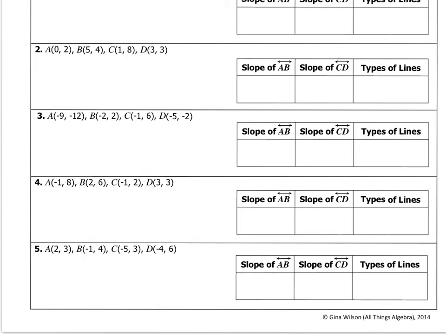Let's look at number 4. Let's calculate the first slope for AB. I have 6 minus 8 over 2 minus negative 1. That should give me negative 2/3. Then I calculate the slope for CD.